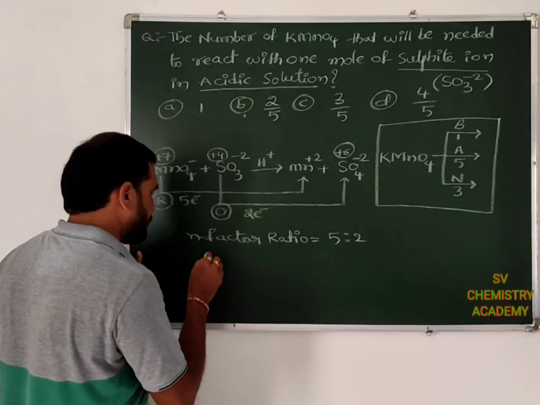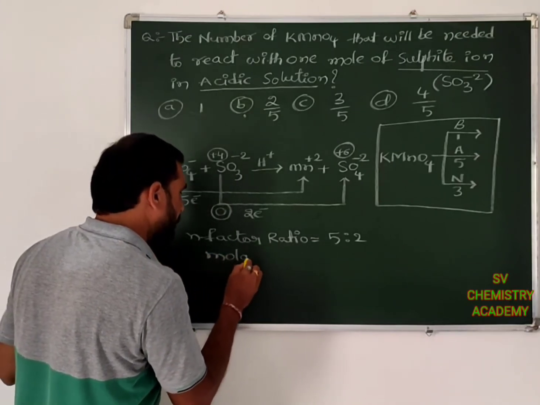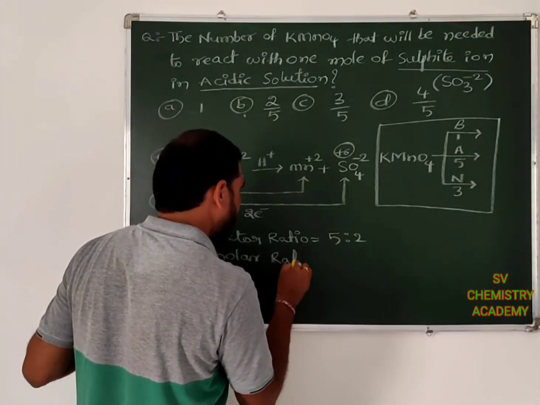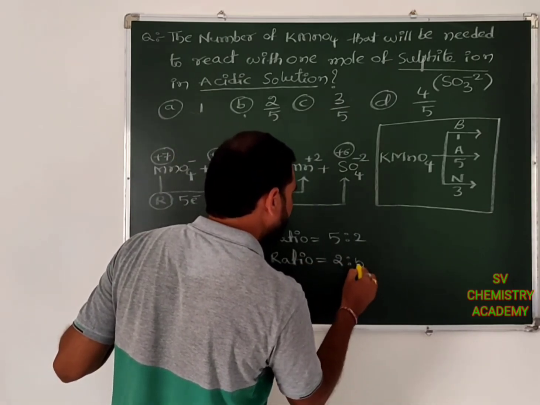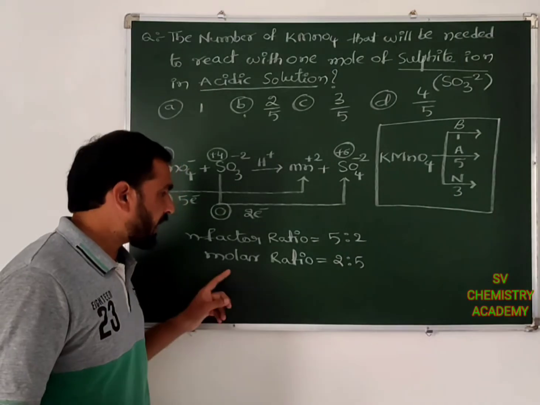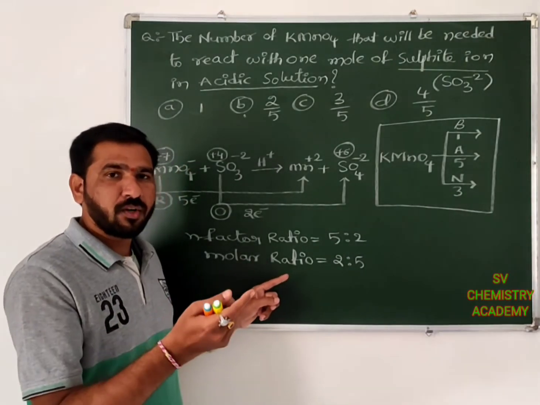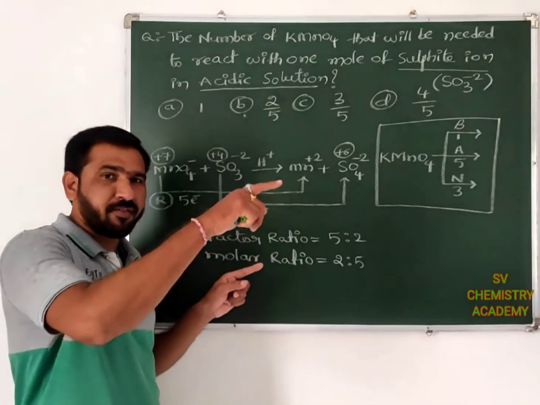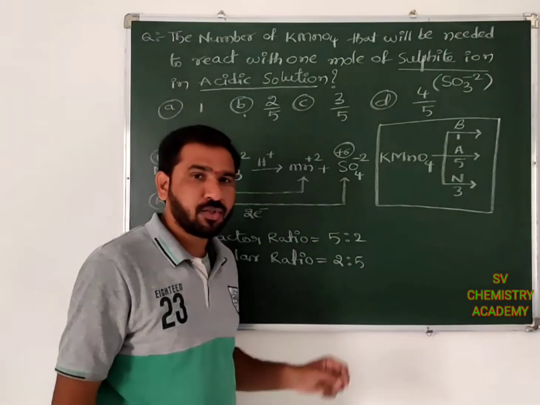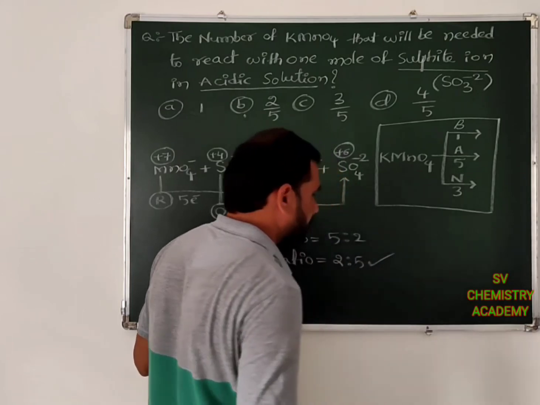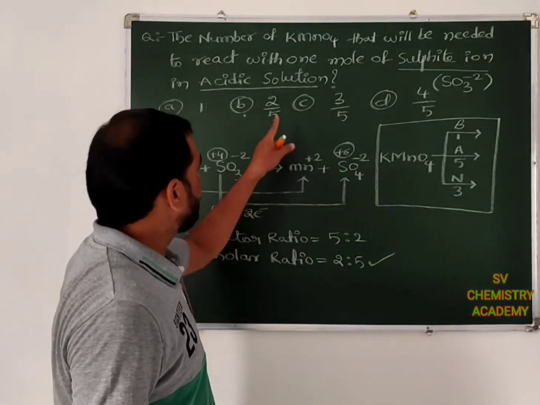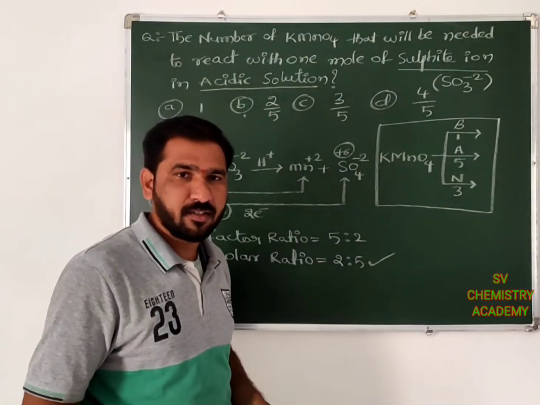Thereafter, the molar ratio is 2 is to 5, because the molar ratio is equal to the reciprocal of the N factor ratio. That's why 2 is to 5. So the answer is 2 by 5.